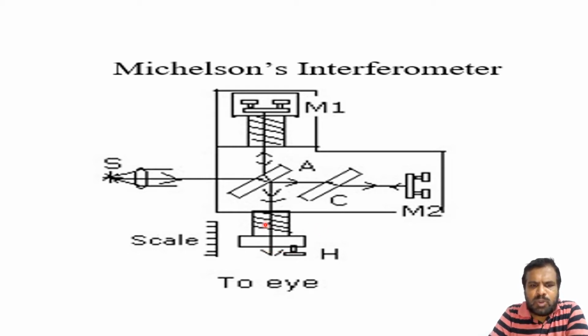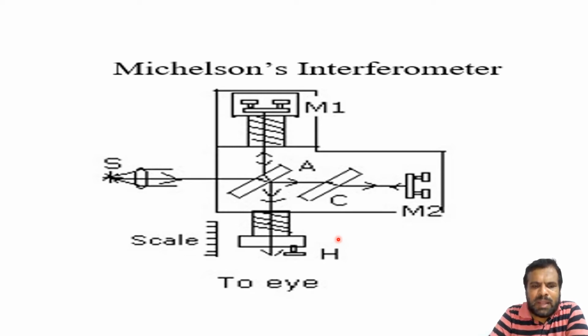The distance through which the mirror M1 is moved can be read on the graduated scale drum attached to the screw. A displacement of the order of 0.1 micrometer or 1000 angstrom can be read very easily.